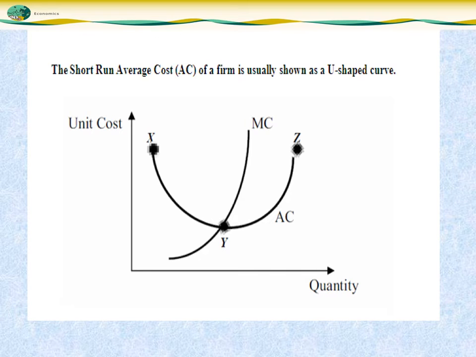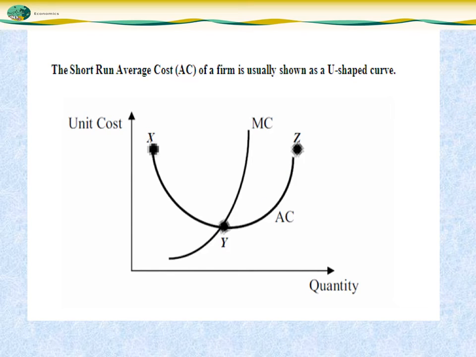So when we look at the short-run average cost curve, and you'll remember this from yesterday's video, where we saw that a certain point was reached, I think it was 10 units, where when we made the 11th unit, we started to see an increase in the average cost.